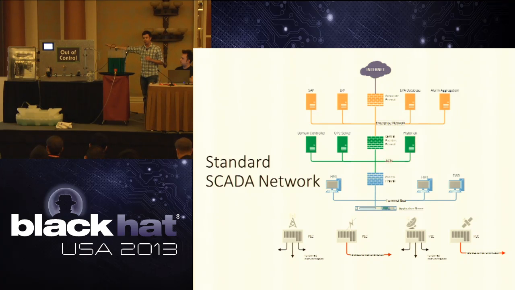And there's all different types of mediums that you use to connect that PLC up to the terminal bus, is what they call it. So that's how you get that data from the PLCs out in the field to the HMIs back at the control center. So we kind of showed some graphics here, but it can be anything from 900 megahertz radio, it can be microwave links, and it can be, of course, our favorite, a regular old cell modem that's given a public IP address.